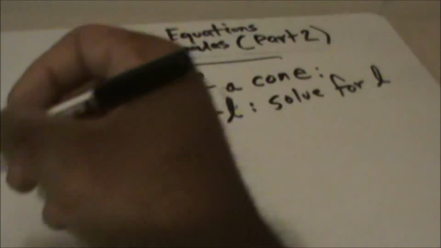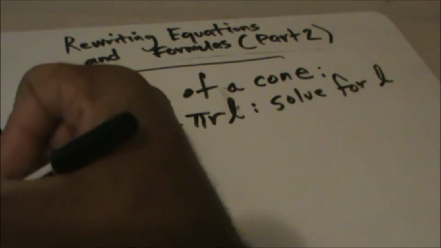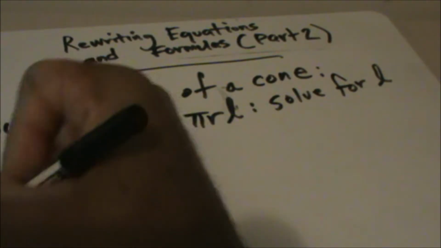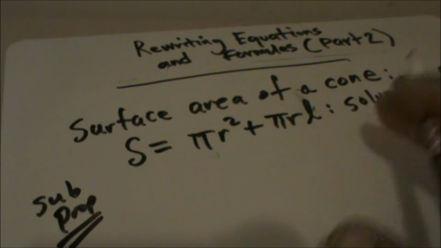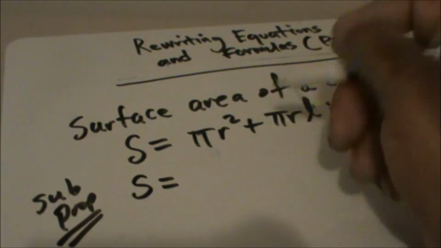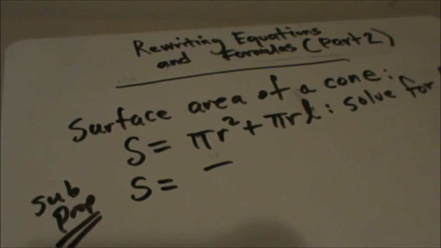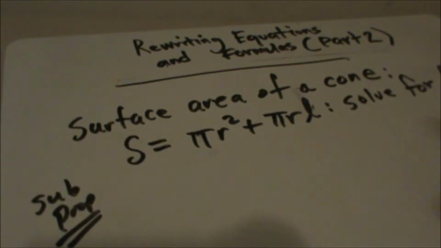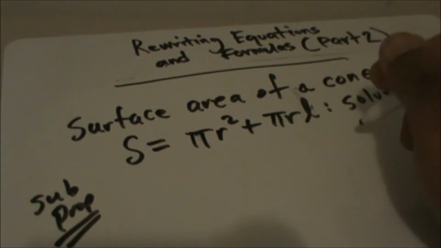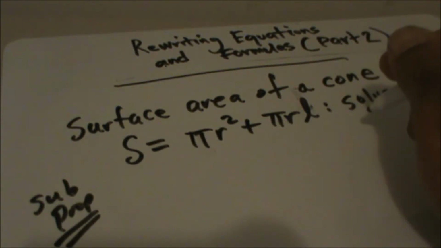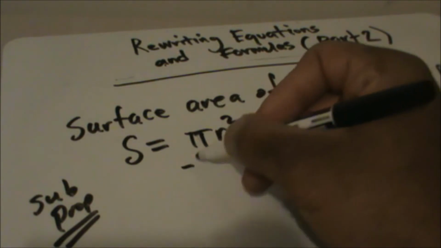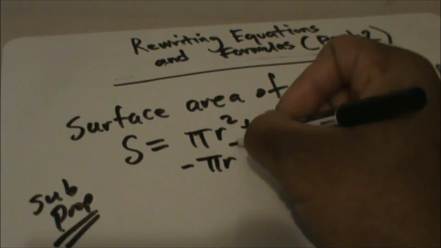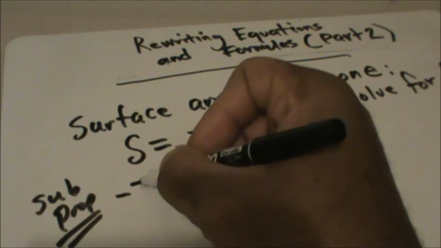So we're going to use the subtraction property, and I'm going to do the straight horizontal method. So we're going to subtract pi r squared on both sides.